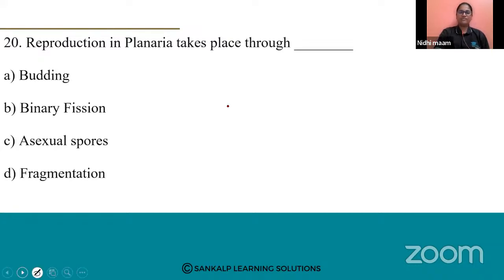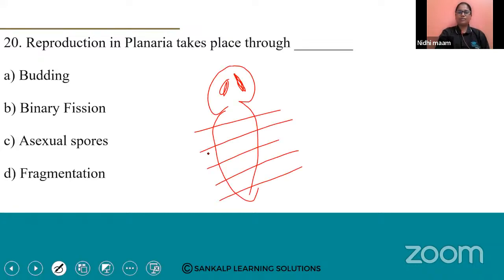So usually what happens in planaria, due to some accidents or other things, the body might be cut into small fragments. So each fragment will convert into a new planaria. Each fragment will grow as a new planaria, which is called fragmentation. Budding will not come.